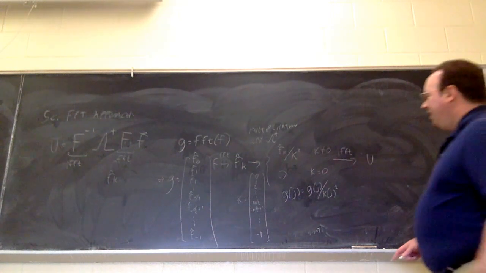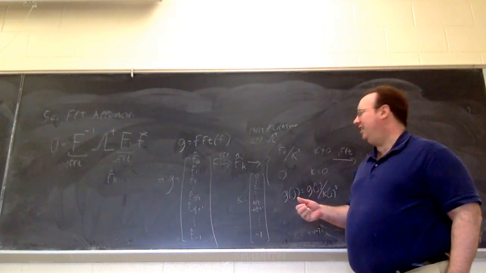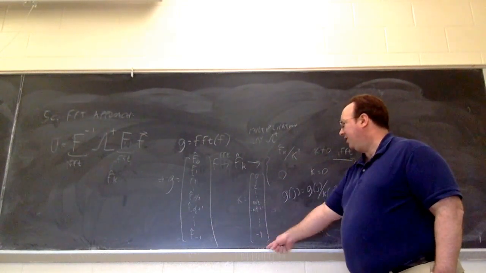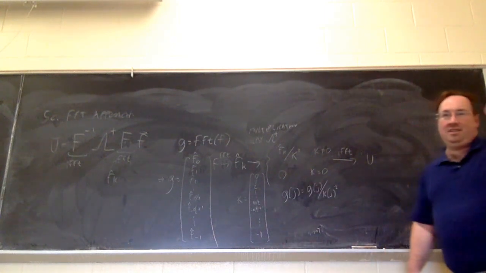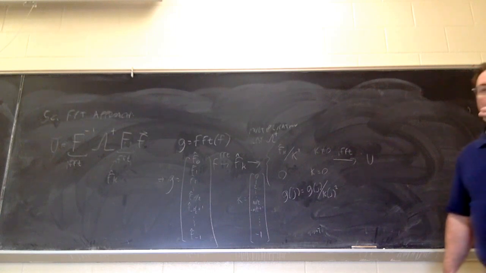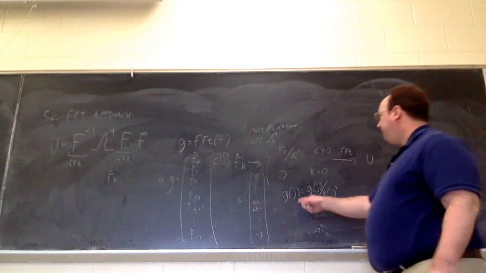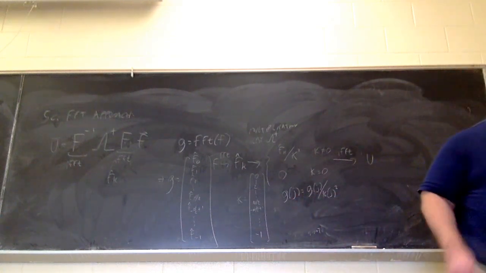So that way, you can use your natural indices, 1 to n, to pick out the correct K value. And then once you do that, that gets fed into IFFT.